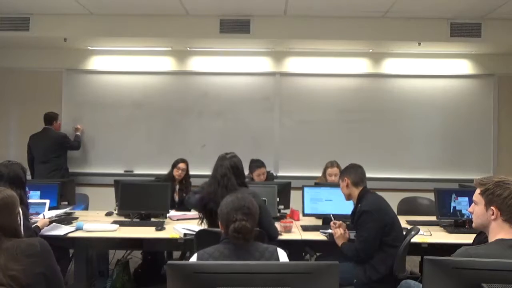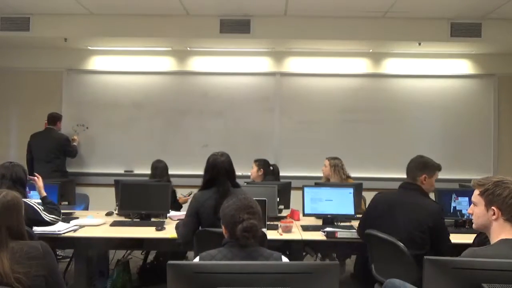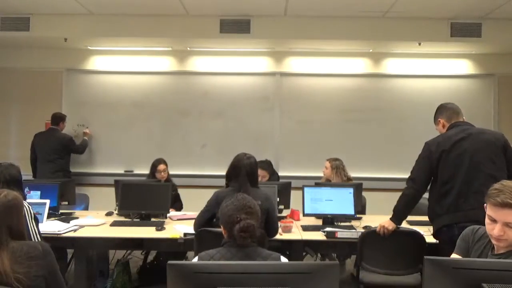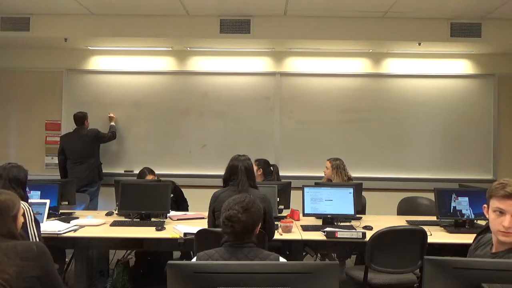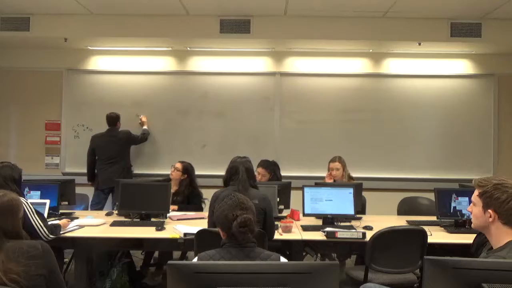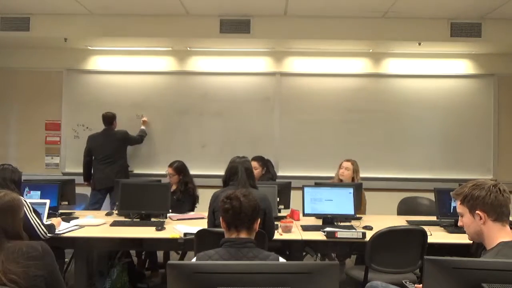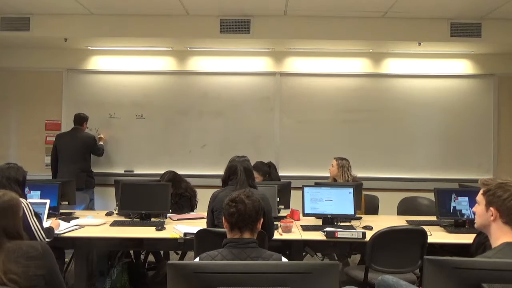So cash flow T equals 0. Let's say the earnings per share is $10. Year 1, year 2. This is going to be the value using discounted cash flow.